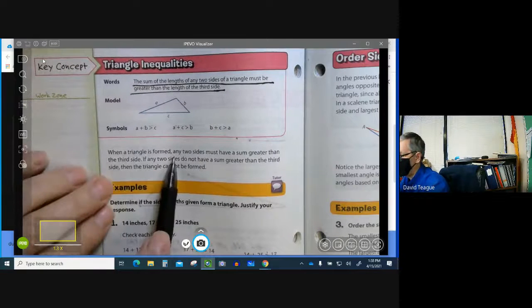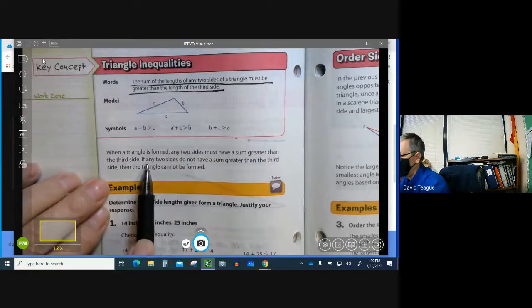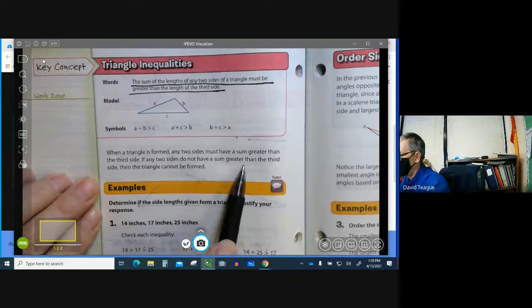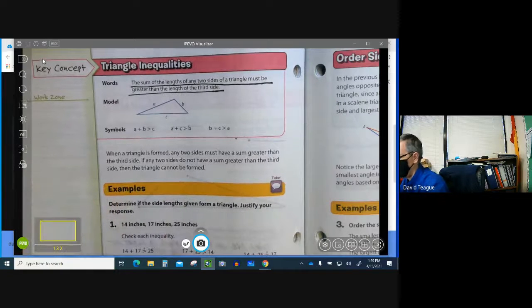When a triangle is formed, any two sides must have a sum greater than the third. If any two sides do not have a sum greater than the third side, then the triangle cannot be formed.